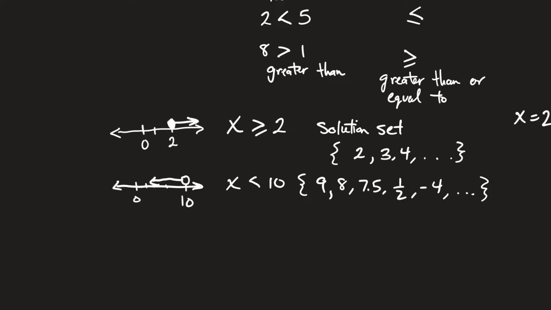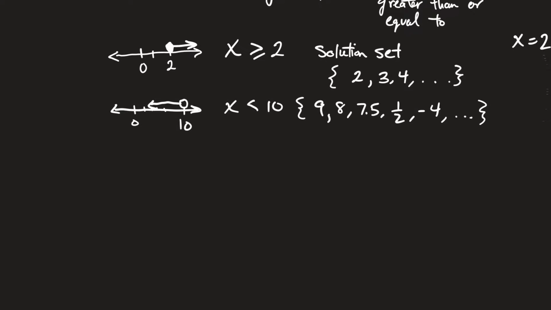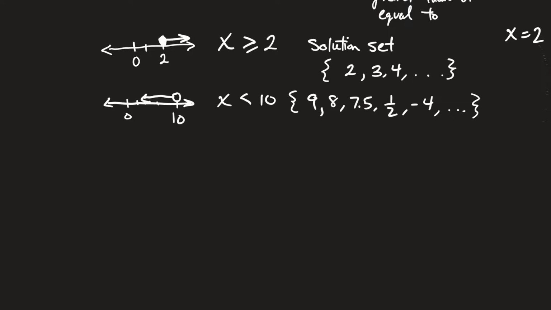To take it further, instead of just graphing these inequalities, we could also solve and graph one-step inequalities, such as this. I might have x plus 2 is less than negative 4. To solve this, I would solve it just like x plus 2 is equal to negative 4, where I would use inverse operations.